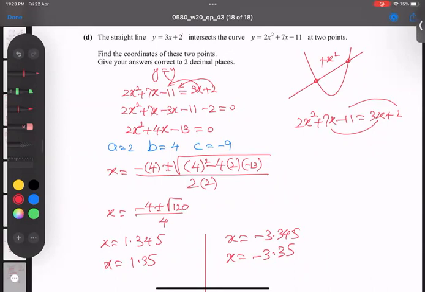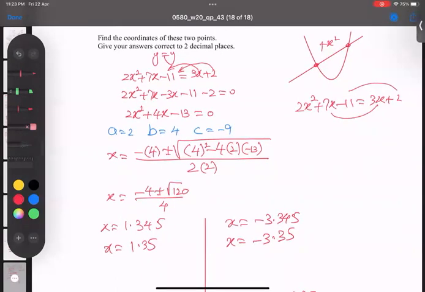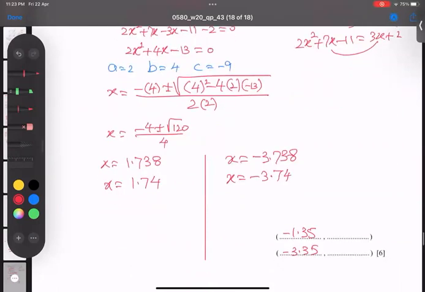Yes, now I got the correct answer. There was one mistake in calculating. I was feeling that some mistake was going on. Anyway, 1.738 becomes 1.74, and the second answer I'm getting is negative 3.738, which becomes negative 3.74. So this is done. It means here I'm writing two answers.